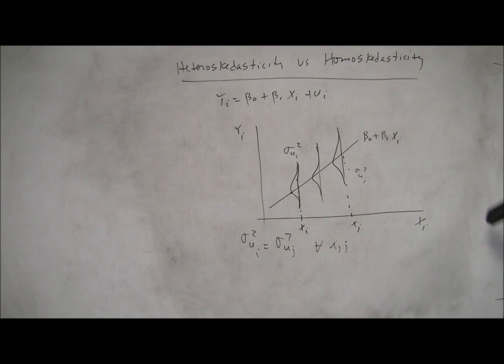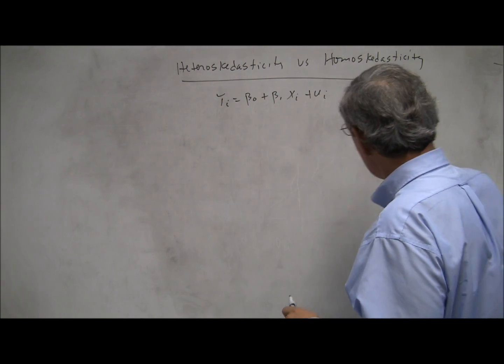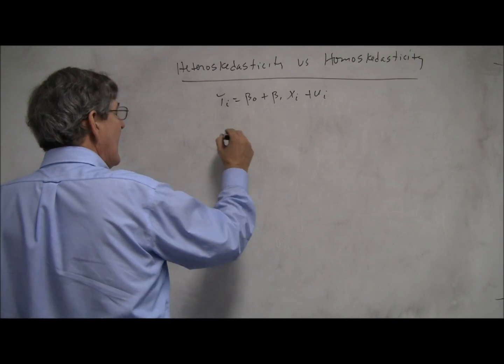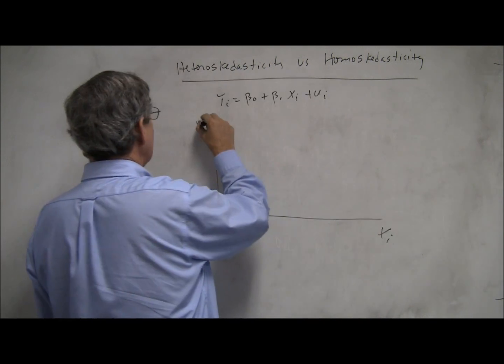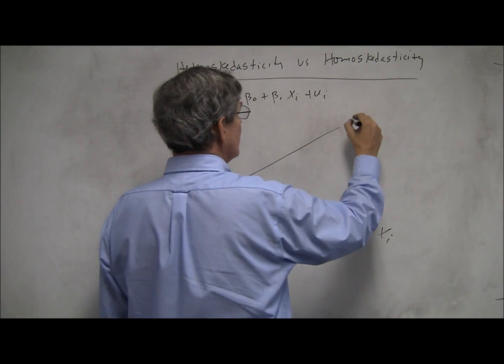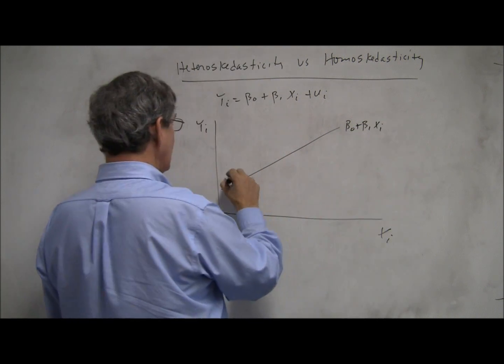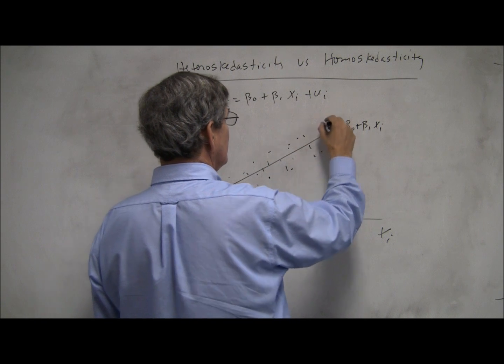Often, though, especially in economics, what will happen is these errors will not have the same distribution. In the case that I just drew, if we were to look at the spread of the data around the line, so here's the true line that we're trying to estimate, the spread of the data around the line will be pretty uniform.